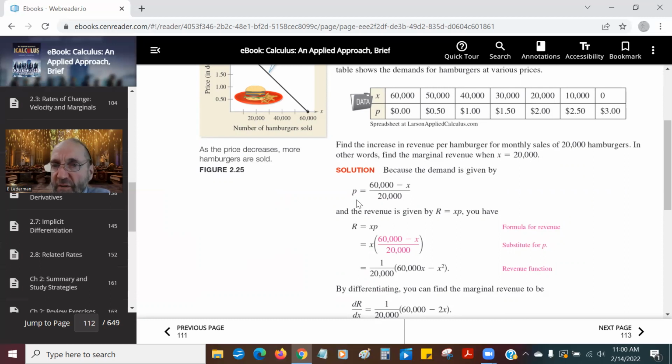Well, we have the function here. All we've got to do is the revenue is XP. So the revenue is 1/20,000 of 60,000 X minus X squared, because I just distributed the X into the parentheses and pulled the 20,000 out. Now I just take the derivative.